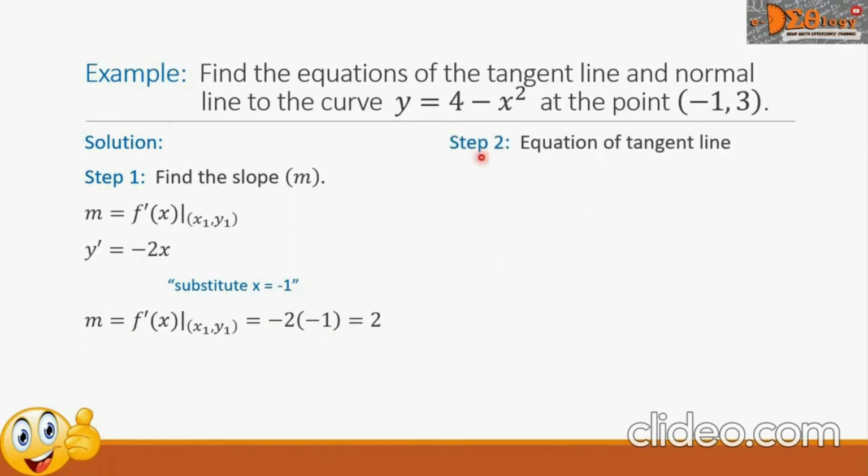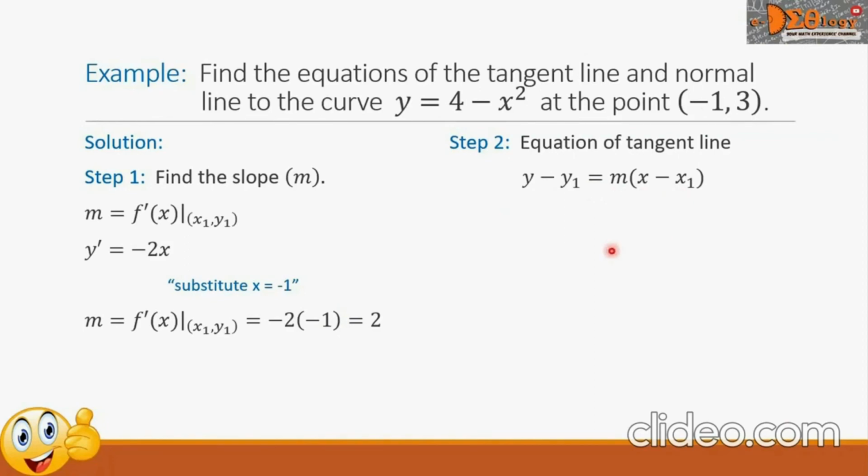So for step 2, let us now find the equation of tangent line. Our standard form is y minus y sub 1 equals m times the quantity x minus x sub 1.